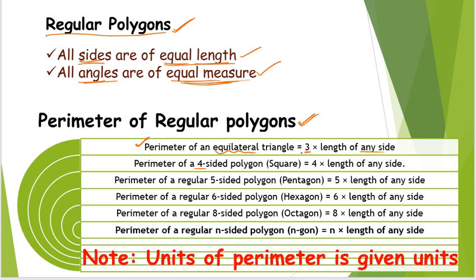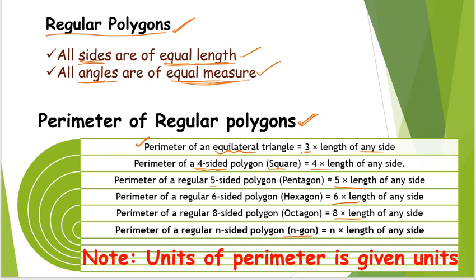Likewise for everything you are going to have the same thing. A square is a 4-sided regular polygon, so it is 4 times the length of a side. Likewise the pentagon perimeter is 5 times the length of a side, hexagon 6 times the length of any side, and octagon 8 times the length of any side.